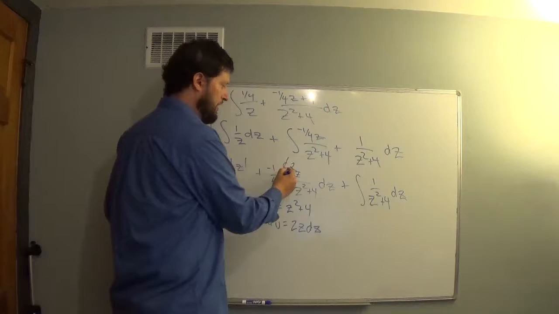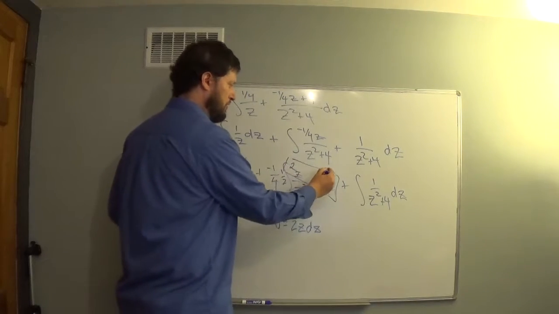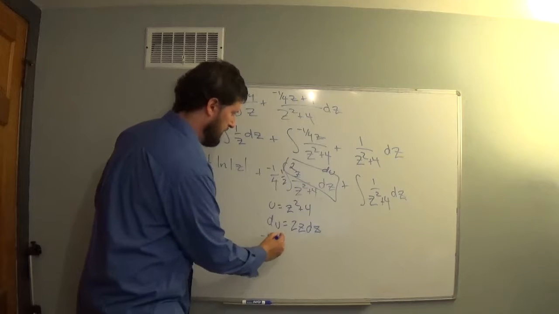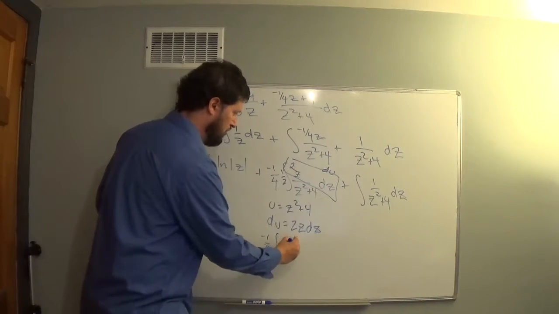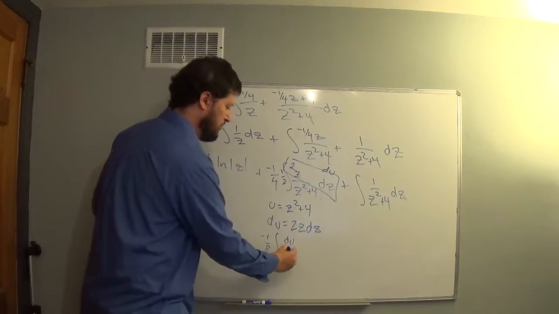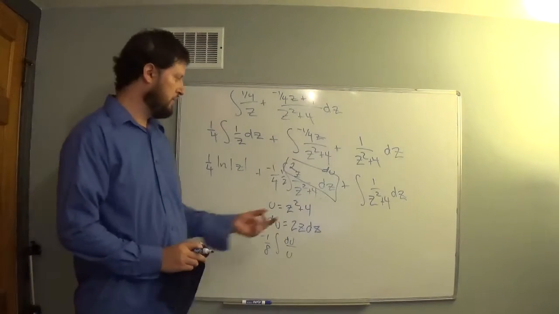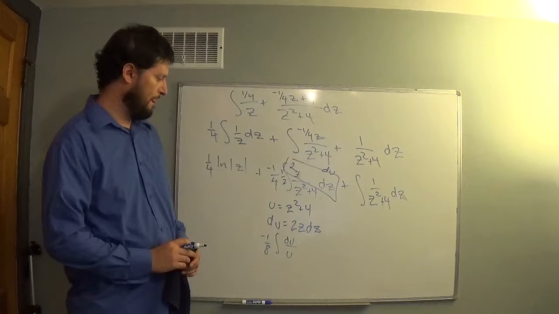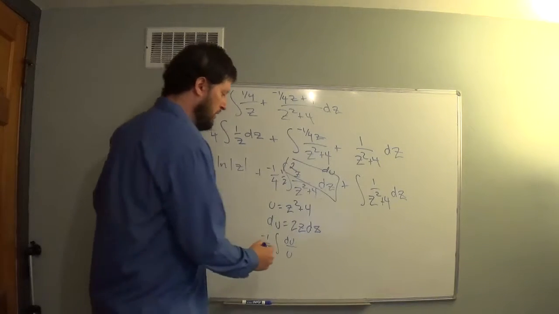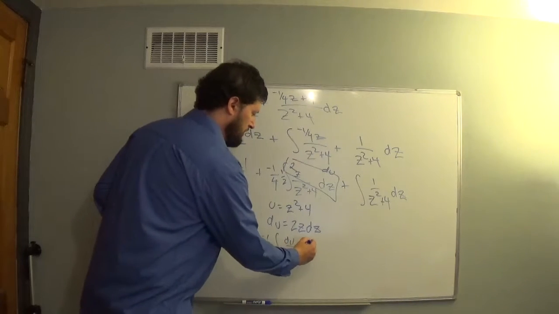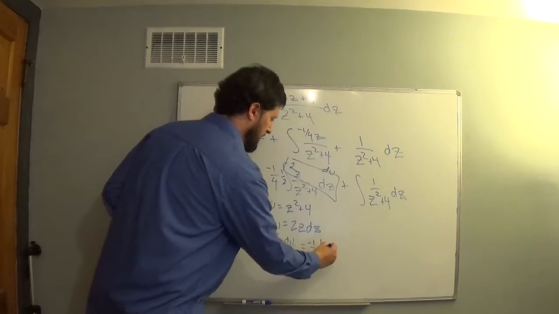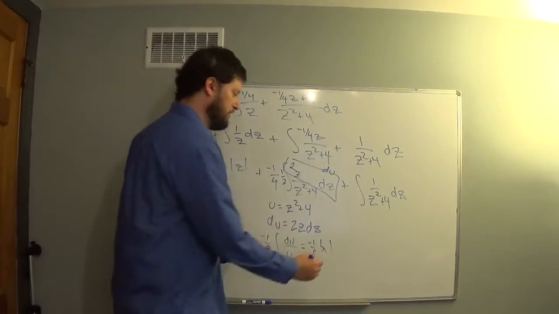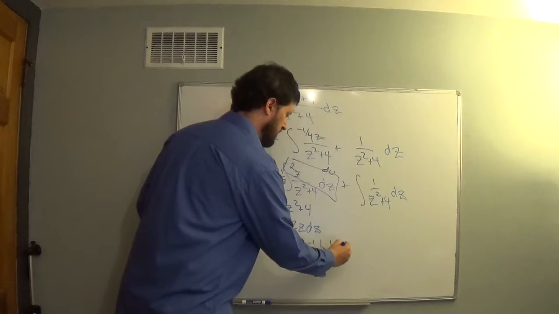So that the numerator now becomes du, and the integral is negative 1/8 integral of du over the denominator, which is u. Z squared plus 4 is u, so this denominator is just u. Which is negative 1/8 ln absolute value of u, but u is Z squared plus 4. So that's ln of Z squared plus 4.